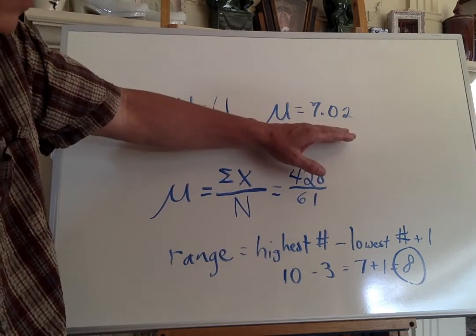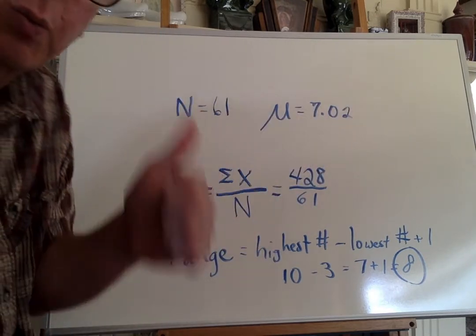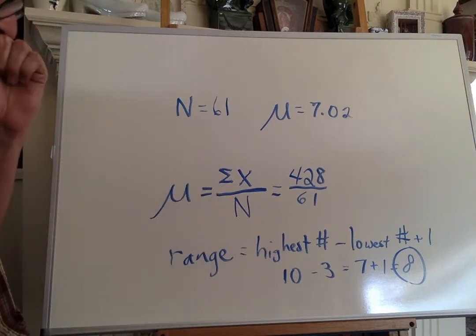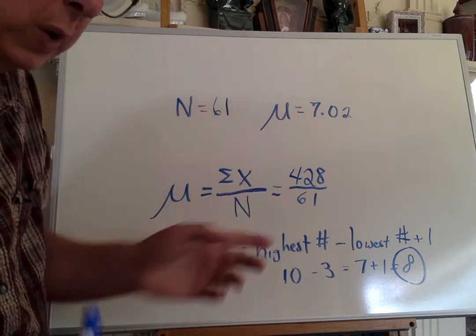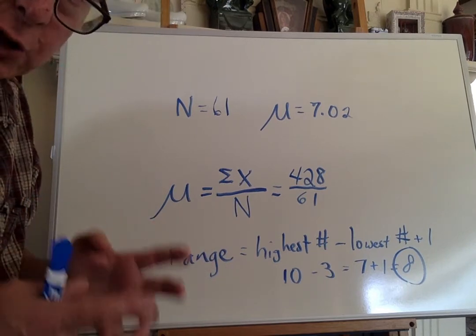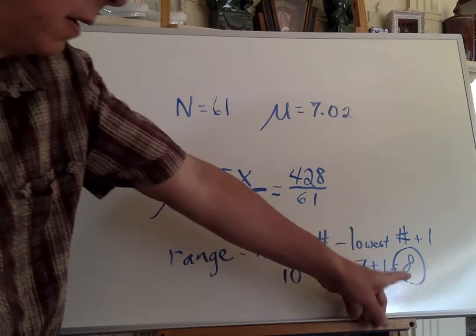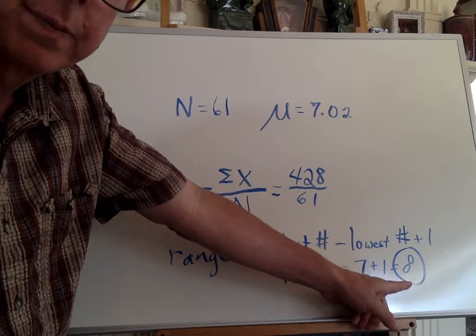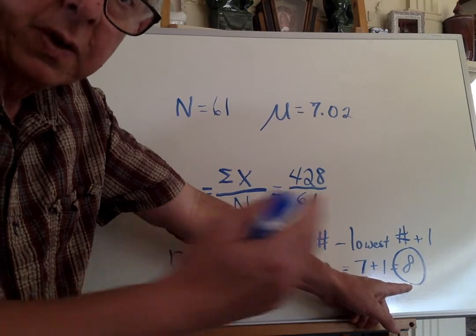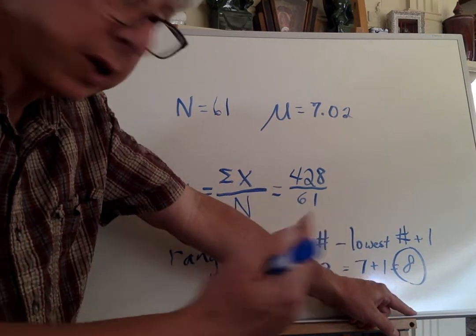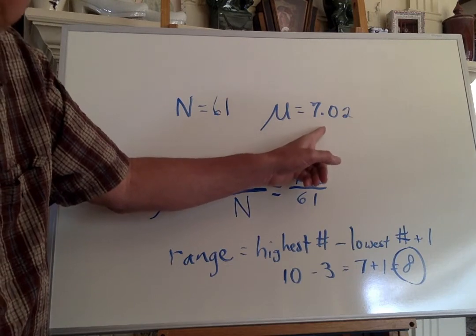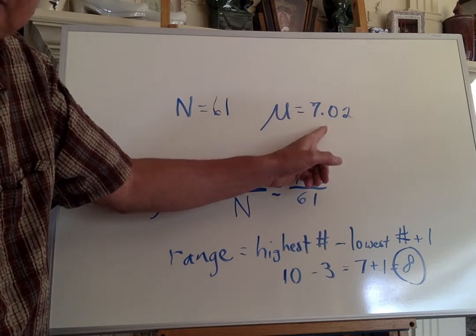Could we have gotten a mean of 7.02 if the numbers went from 1 to 10? The answer is yes. How do we know which of those possibilities is the actual case? Right here. This tells us these numbers, the data, go across a wide range here, 8 units. So we know that this didn't just come from 7s and 8s.